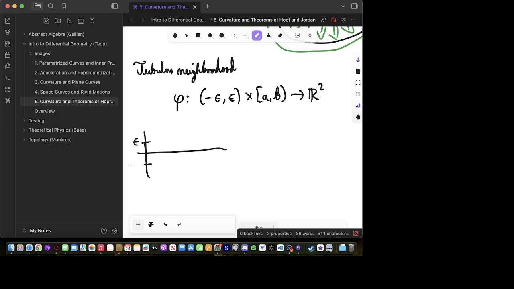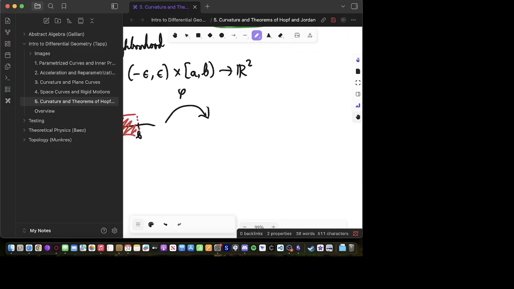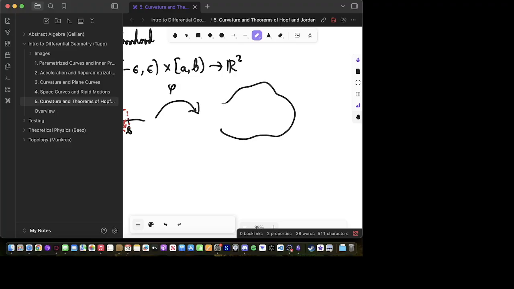This is our epsilon, this is our negative epsilon, and this is our A, and this is our B. So it's mapping this rectangle looking thing to a curve. This is gamma A or gamma B, whichever you prefer.